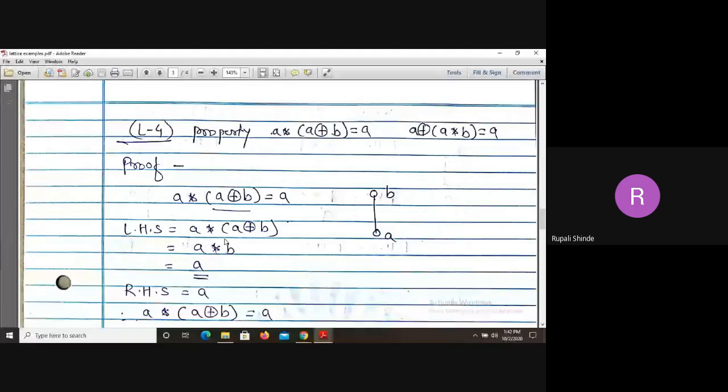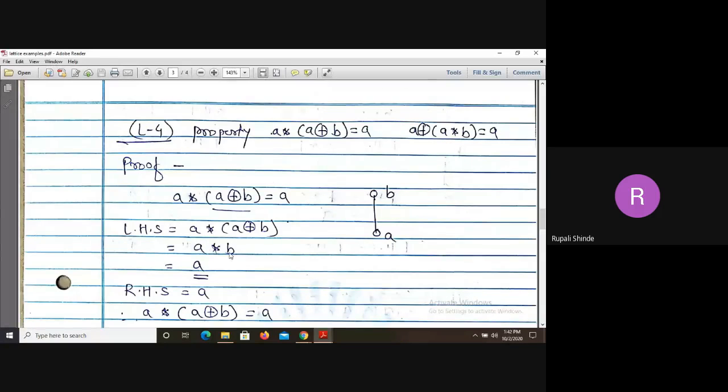Here LHS is given as A ∧ (A ∨ B). First of all, we are going to solve this bracket, A ∨ B. What is the meaning of A ∨ B? It is the greatest lower bound of elements A and B, and its value is B. So that is written over here.